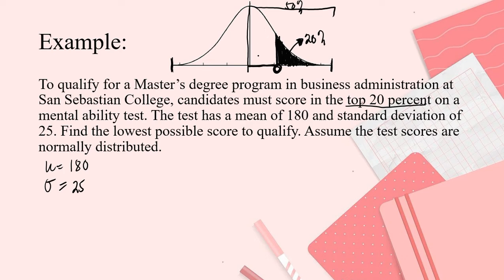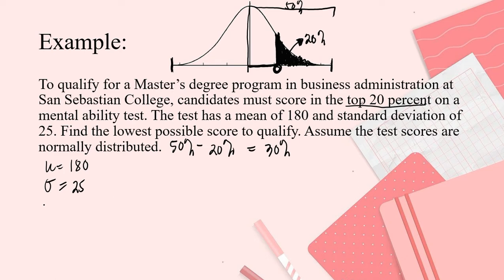Kung 20% ang ilalagay mo sa Z at hahanapin mo sa table, magkakamali ka. Bakit ka magkakamali? Kasi ang 20% ay itong nasa dulo. Lagi ang hinahanap natin sa table is from the mean. So, anong gagawin mo? Ima-minus mo sa 50%. So, 50% minus 20%, of course, that is 30%.